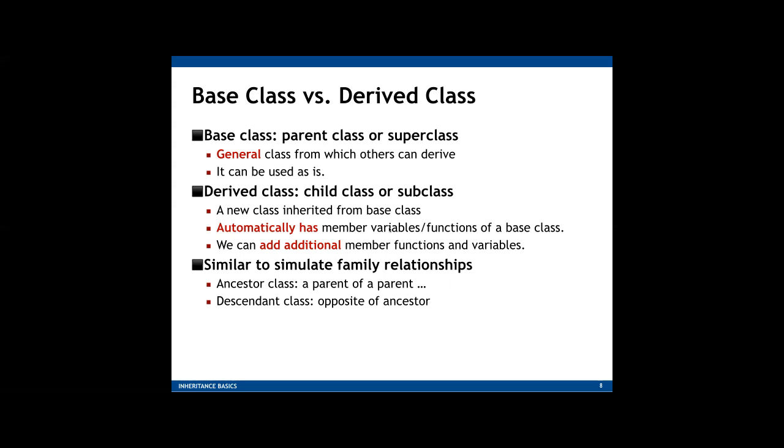As well as these inherited properties, the derived class can have additional member functions and member variables. And we call the parents of a parent class ancestor classes and the children of a child class descendant classes.